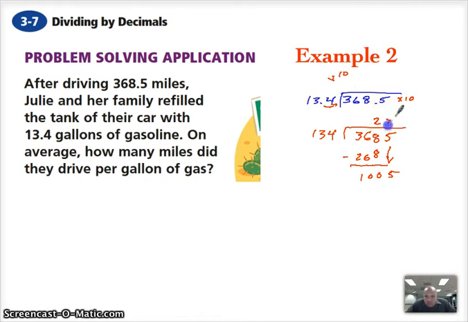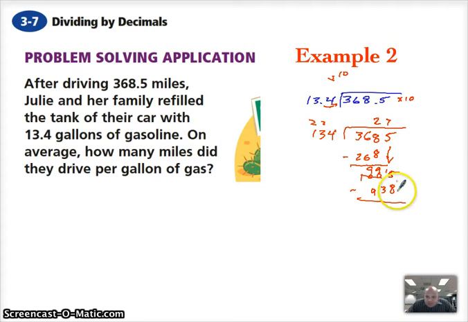Let's try the 7. 7 times 4 is 28. 7 times 3 is 21, plus 2 is 23. 7 times 1 is 7, plus 2 is 9. So we have 938. Let's make sure that it does work here.